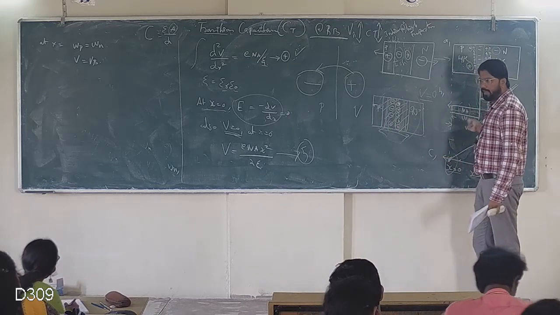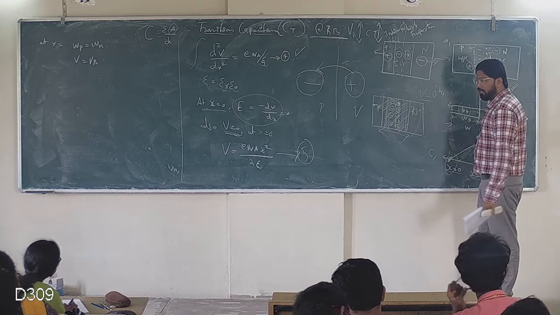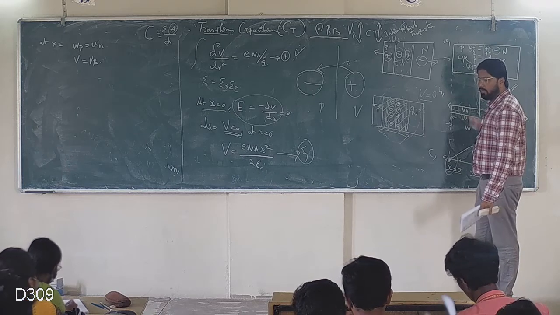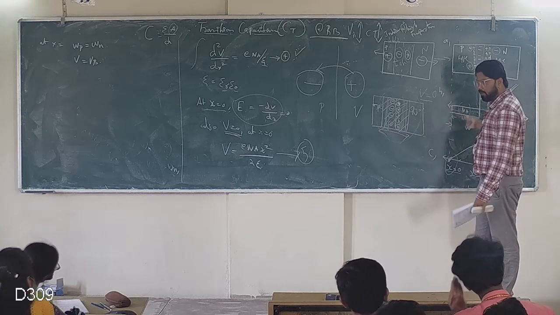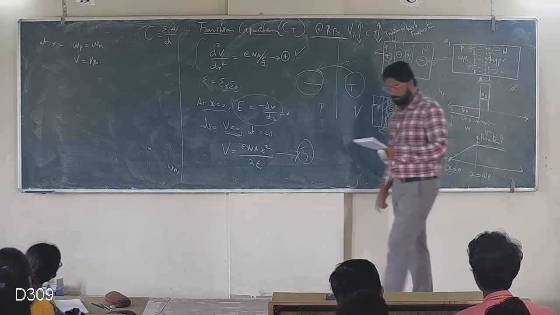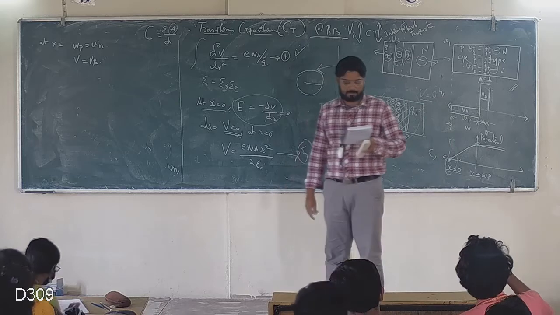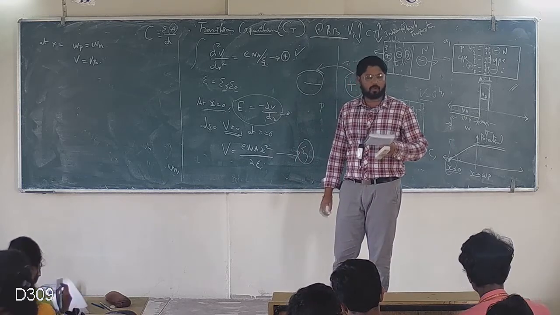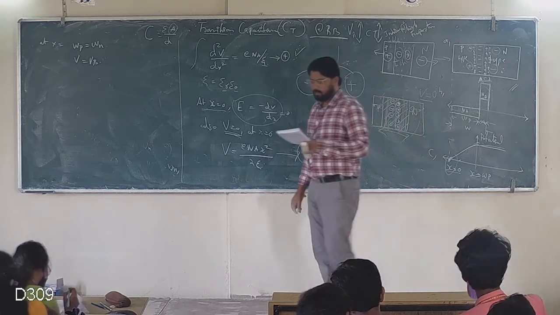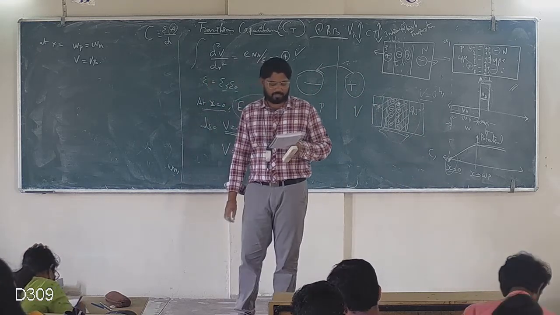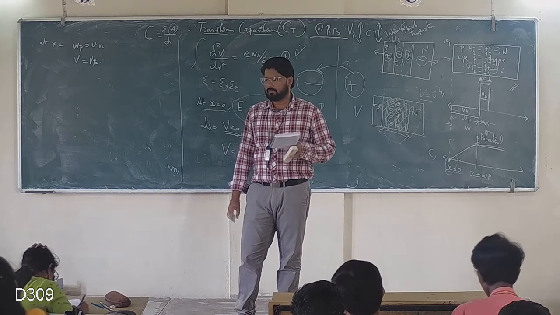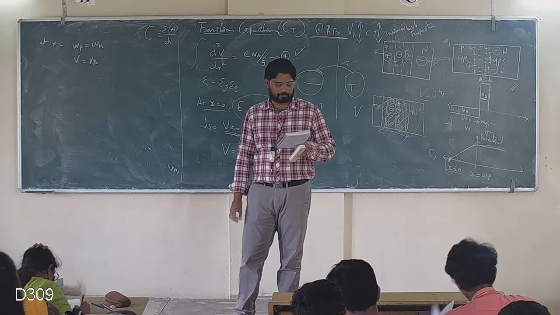Width of the acceptor. What is WN? Width of the donor. Assume that WP is equal to WN. Then V is equal to VB, where VB is the barrier potential, the barrier height.